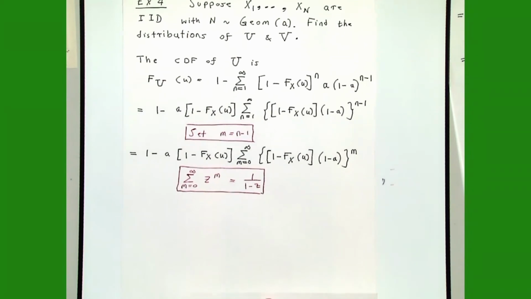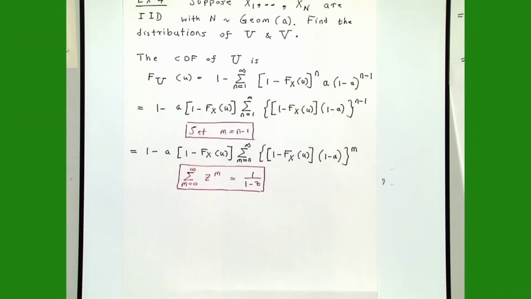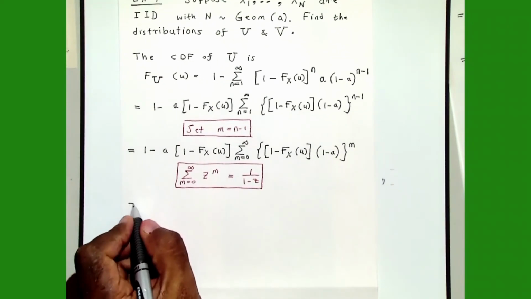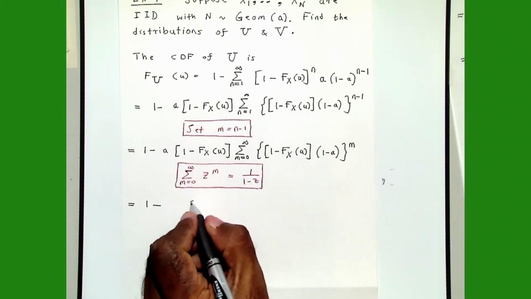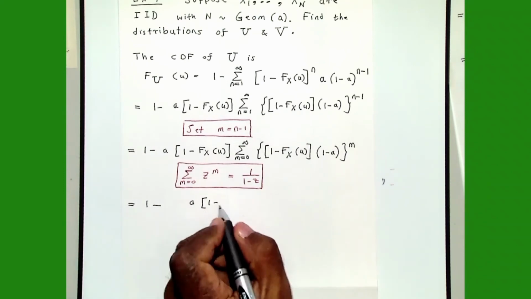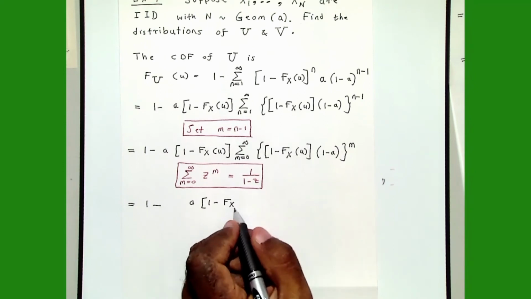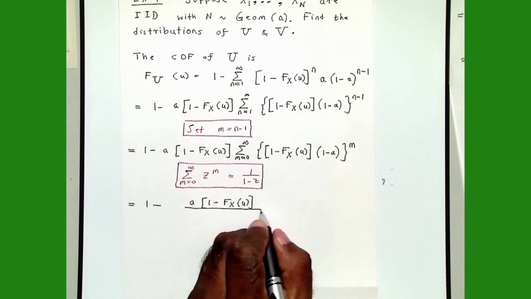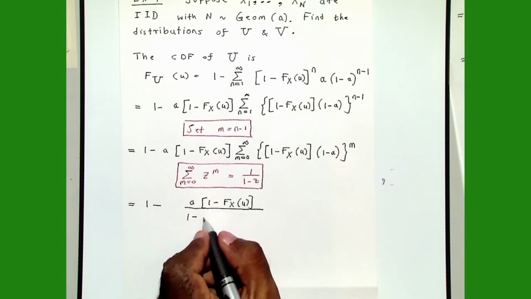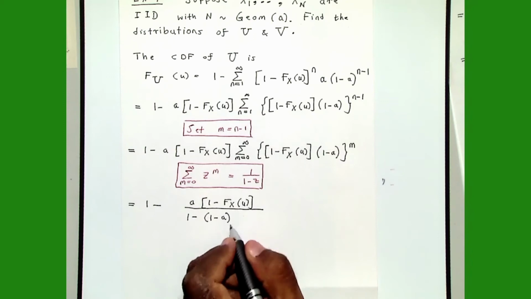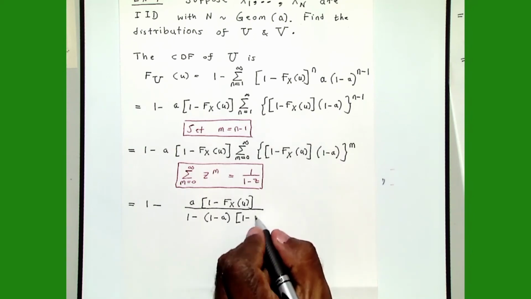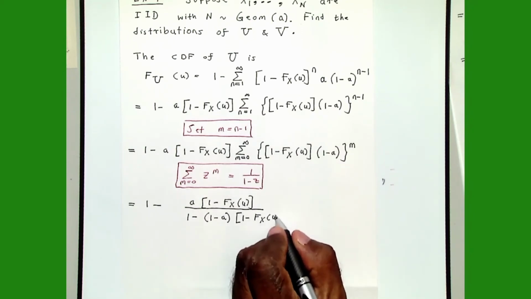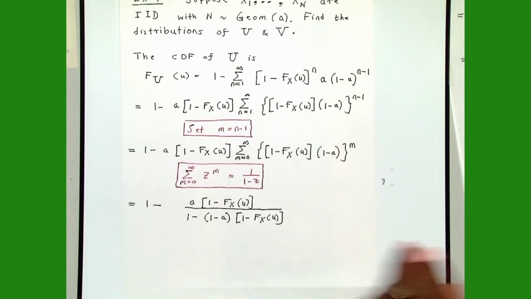So using this result, you will get the following. So this is the CDF of the minimum portfolio loss.